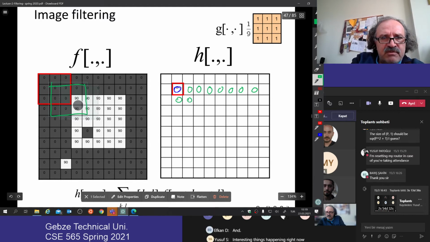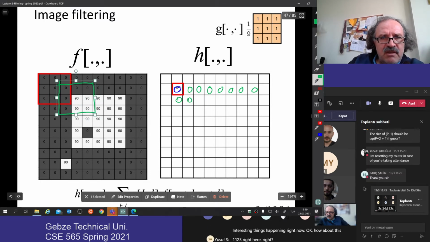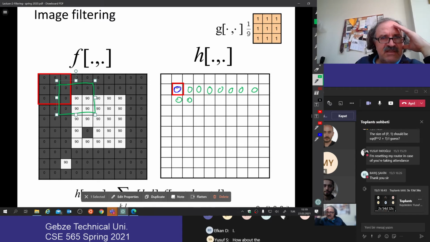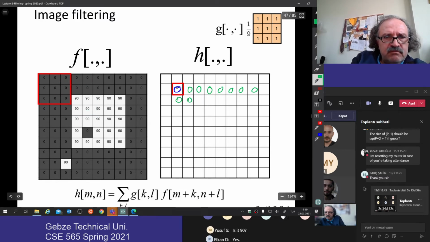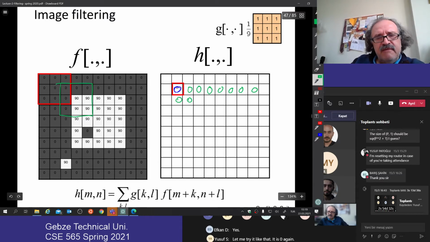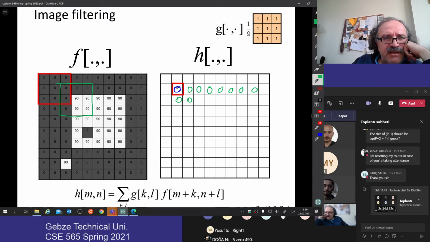Okay, how about this one? Is it 90? No, 45? 0. Let me try it like that. It is 0 again, right? There are 5 zeros and 4 90s, so it is 0 again, right?